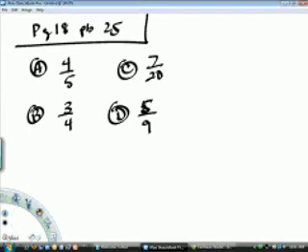Now, I know off the top of my head that B, 3/4, is 75%. So that's not a repeating decimal. So let's go ahead and look at the answers and then cross out the ones you know can't be true. We know that B is not going to be one of the possible answers because 3 divided by 4 is 75%. That's not a repeating decimal.